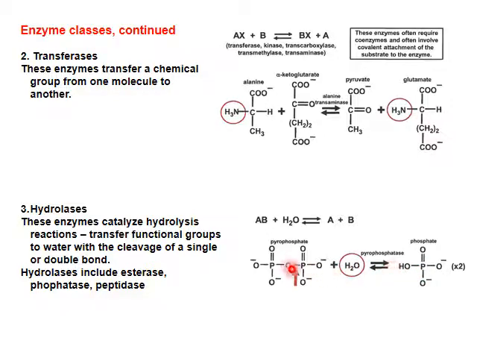So again, using water to break a chemical bond, hydrolyzing it. And there are a lot of different enzymes that are involved in that. So when we go through different reactions in metabolism, it's helpful to think of them in these classifications. Oh, that's an oxidoreductase, or that's a transferase, or that's a hydrolase. And we've got 3 more to look at here.